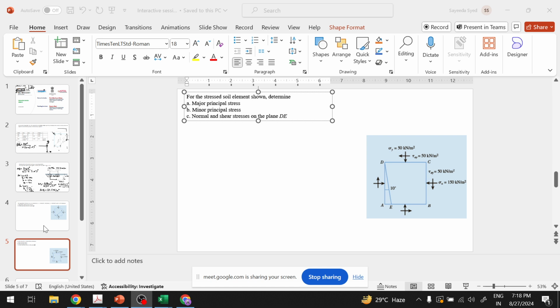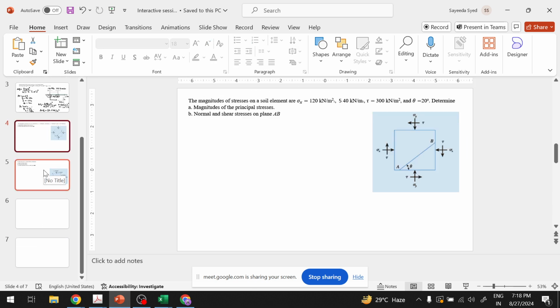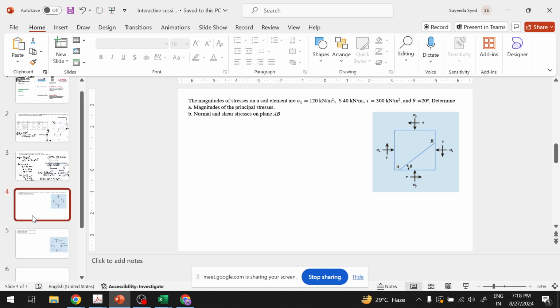So these were some questions that we saw for stresses in soils, and now let's do some questions on Mohr circle. I know it's a very introductory thing that you studied in this week, but let's try to solve this.